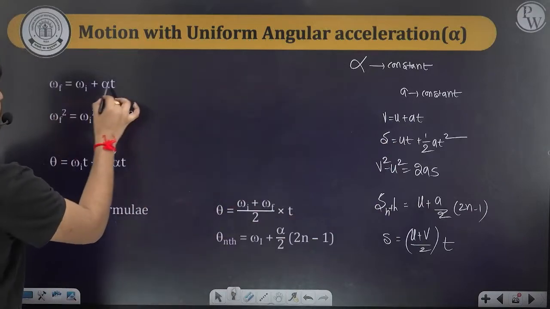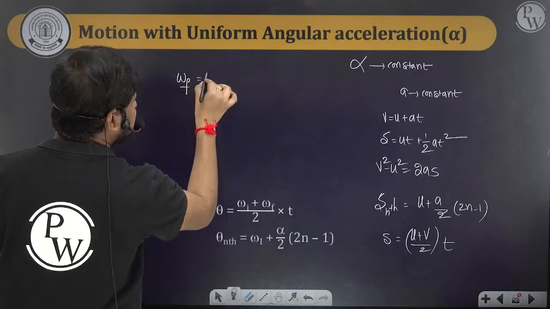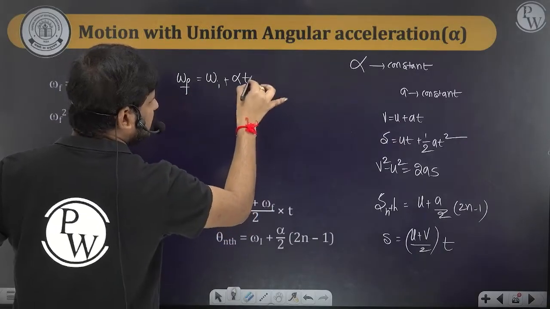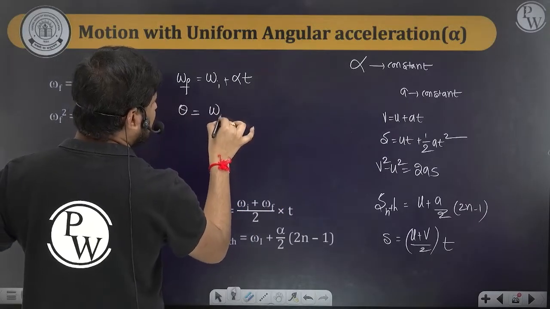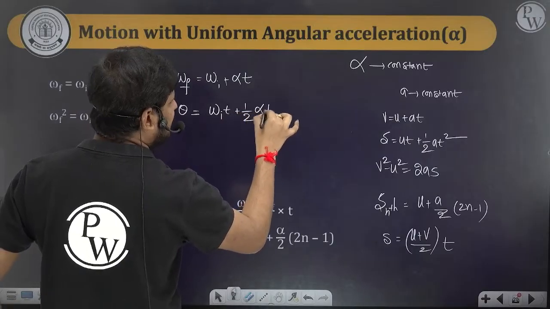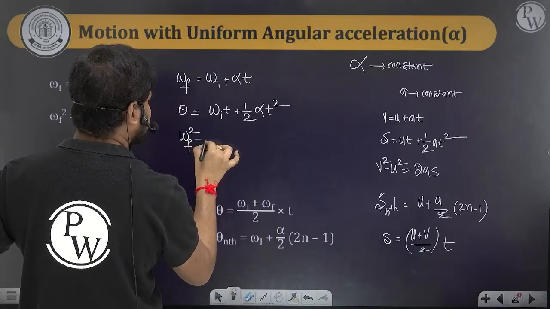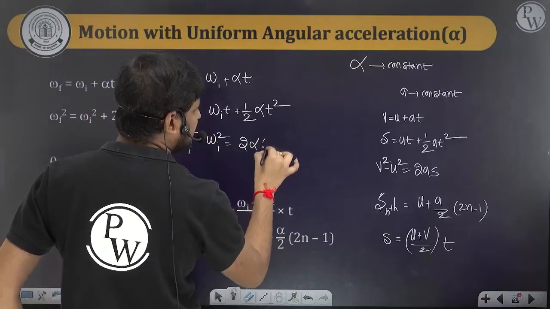So omega f is equal to omega i plus alpha t, in place of a. The second one, s becomes theta, which is equal to omega initial into time t plus half alpha t square. Then omega f square minus omega i square is equal to 2 alpha theta, right?